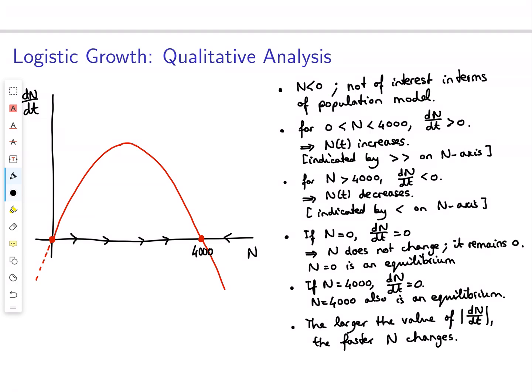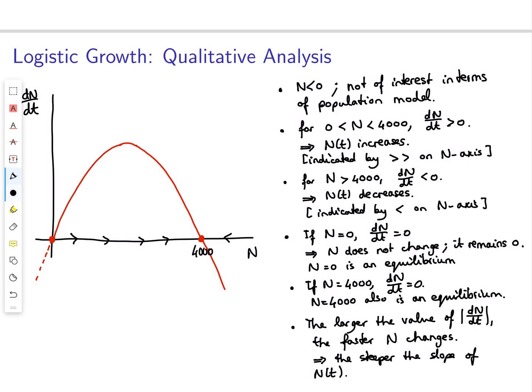And in terms of the slope of n of t, it implies that the steeper the slope of n of t.